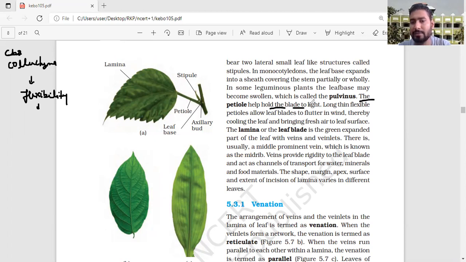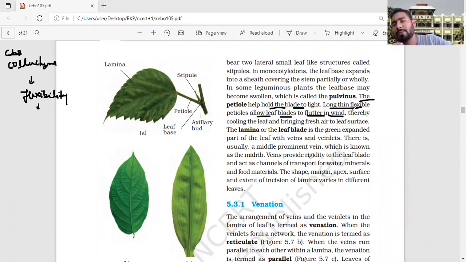I told you the lamina is held by the petiole. A long, thin, flexible petiole allows leaf blades to flutter in the wind. If the petiole is very long, the blade flutters in the wind. Are you getting it or not?